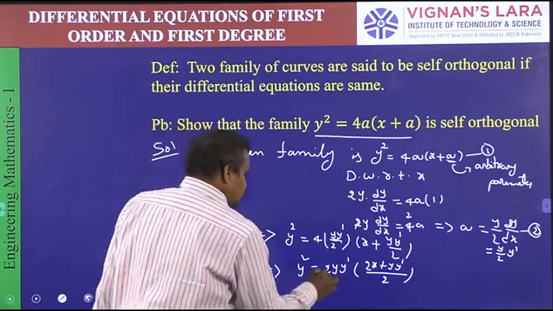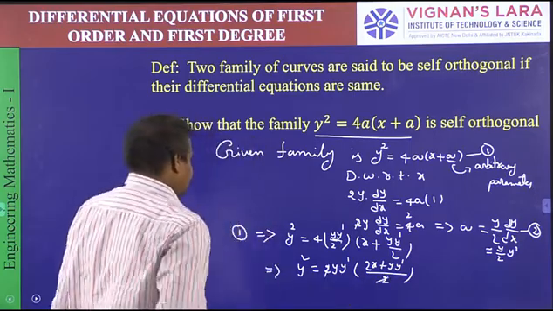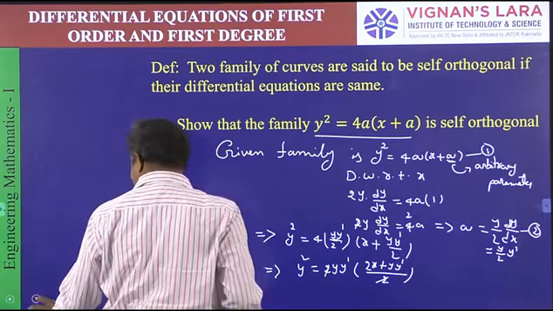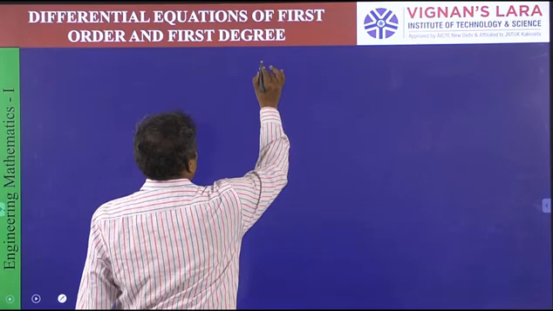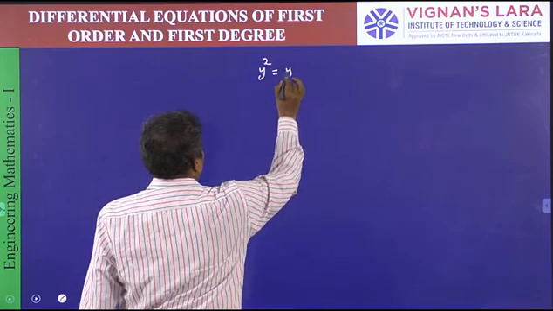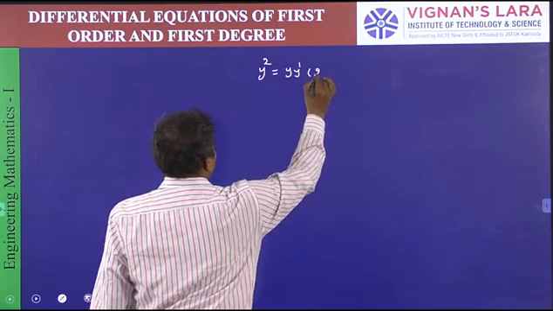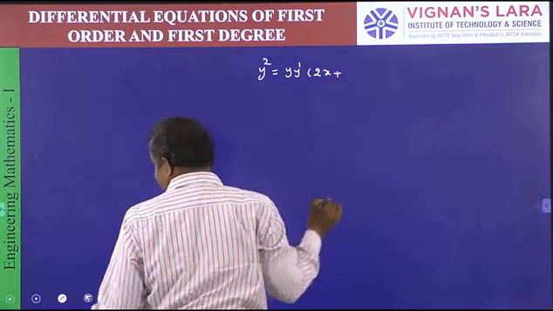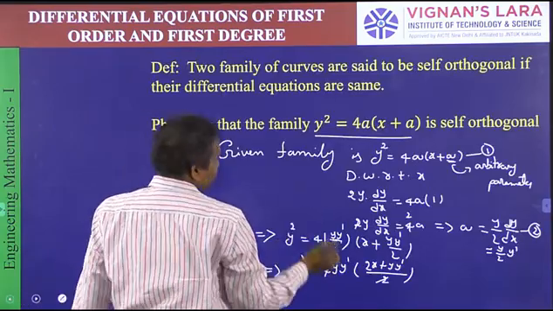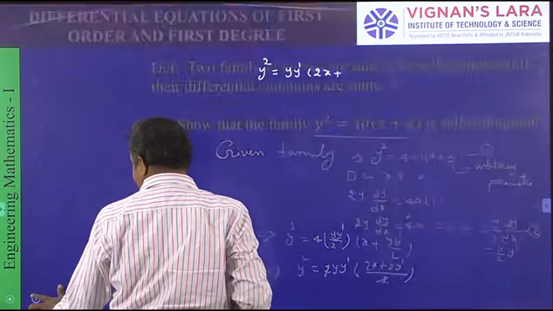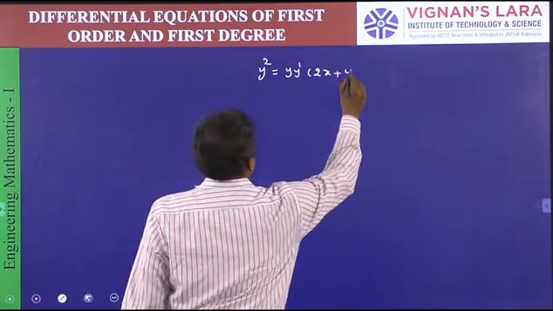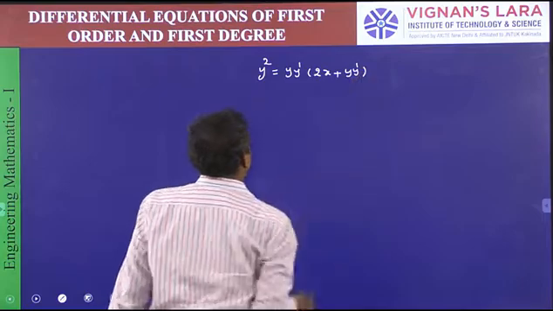So here 2 getting cancelled. What is remaining? In the next slide I will write y square is equal to y dash into 2x plus y dash.